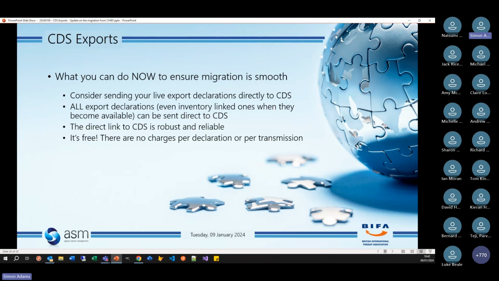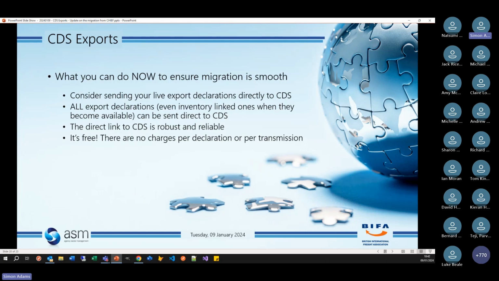Some charge you every time you hit the send button, not just once per declaration. If you send it and get it wrong, have to amend it and send it again, they charge you again. So there are various advantages to sending all your export declarations direct to CDS rather than through a CSP.